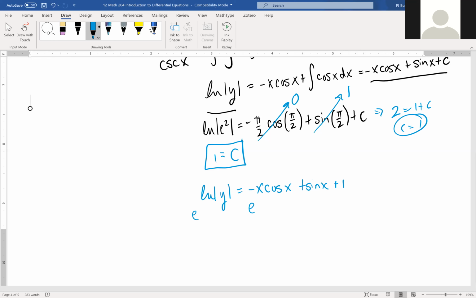And then I took e of both sides here. These are gone. Solve for y. I'm going to write this exp. That's just another way to express e, because I want it to be clear that all of this stuff is inside the exponential.